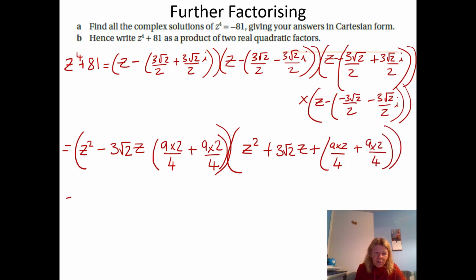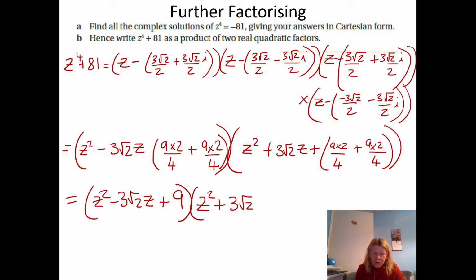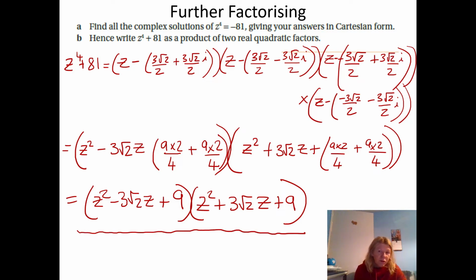So we get z squared minus 3 root 2 z plus 9, and the other one will be z squared plus 3 root 2 z plus 9. And there we have it: the product of two real quadratic factors.